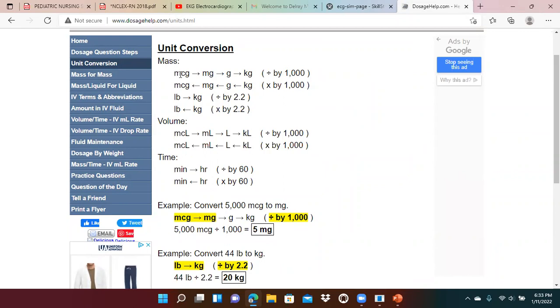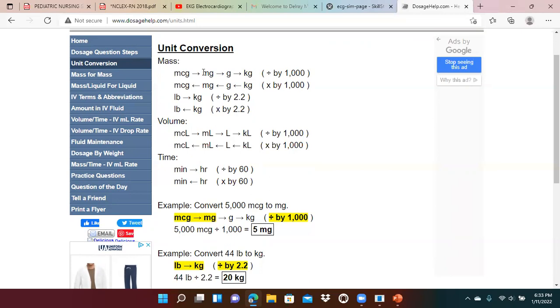Microgram to milligram, milligram to gram, or gram to kilogram, always divide by 1000, because 1 milligram equals 1000 microgram, 1 gram equals 1000 milligram, and 1 kilogram equals 1000 gram.